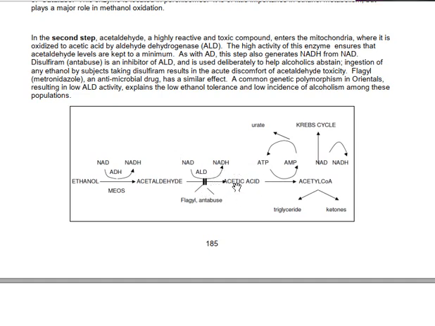The acetic acid is then converted to acetyl-CoA, with ATP converted to AMP. The acetyl-CoA can enter the Krebs cycle, or be used in gluconeogenesis for the production of glucose, or in the production of triglycerides by producing glycerol, or in the production of ketones.